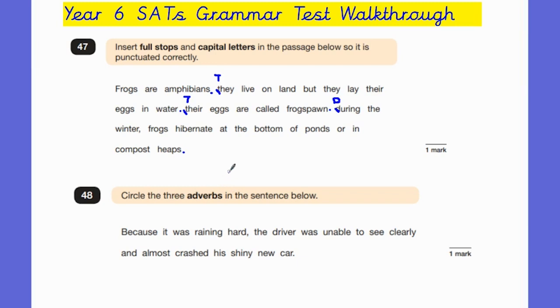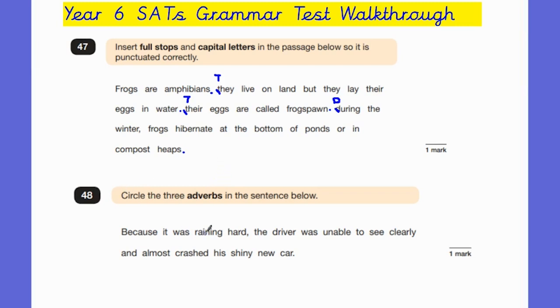Number 48, circle the 3 adverbs in the sentence below. Now I know that adverbs are used to describe verbs. Because it was raining hard, the driver was unable to see clearly and almost crashed his shiny new car. So I'm looking for the words that describe the verbs.